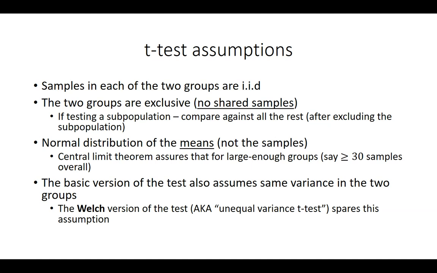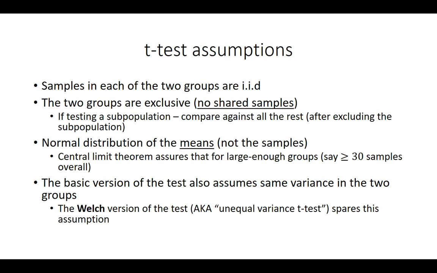As a rule of thumb that people very often use, if you have at least 30 samples, under most reasonable distributions this would be fine. So unless you have a very, very strange distribution, 30 samples should be enough.